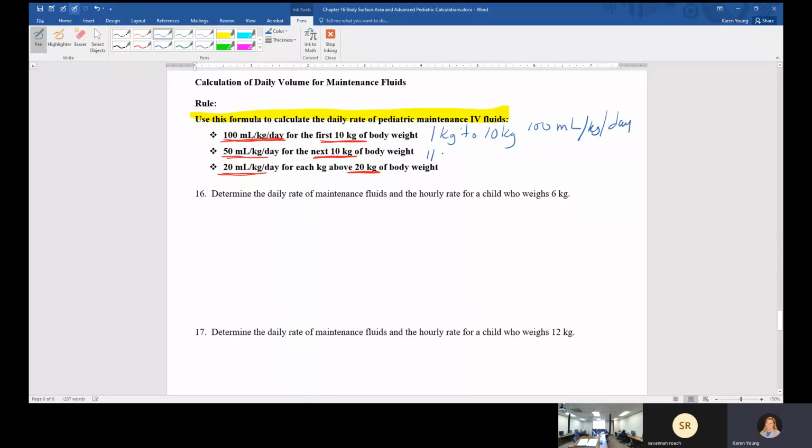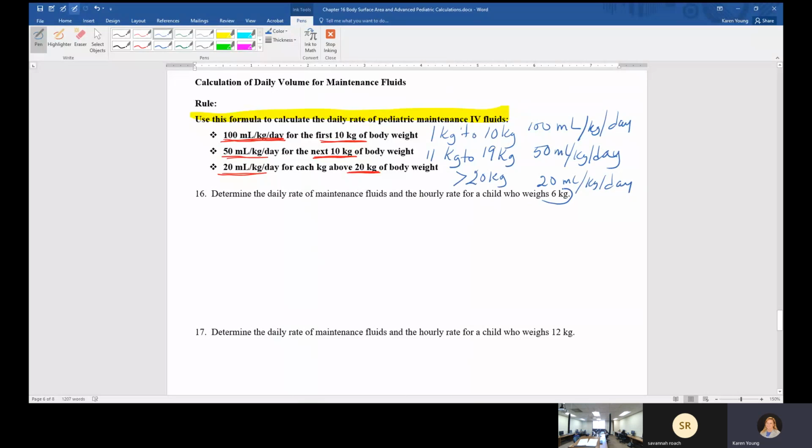Then anything from 11 kilograms to 19 kilograms, they get 50 milliliters per kilogram per day. So anything greater than 20 kilograms only gets 20 milliliters per kilogram per day.